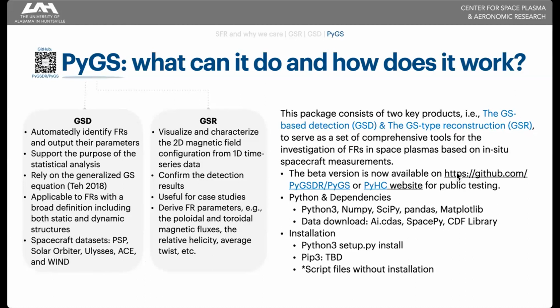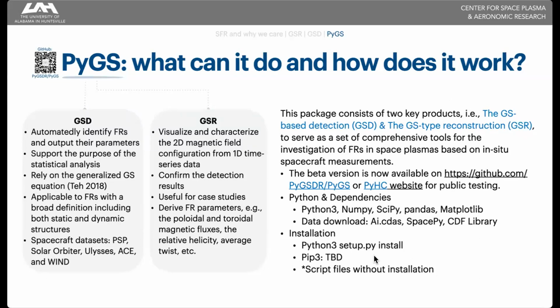The beta version is now available on our GitHub and the PyHC website for public testing. It is Python 3 based, which needs several packages. The data downloading part is still via AIOCDAS, SpacePy, and the CDF library. The currently supported installation is via setup. We have been thinking about the PyPI installation.